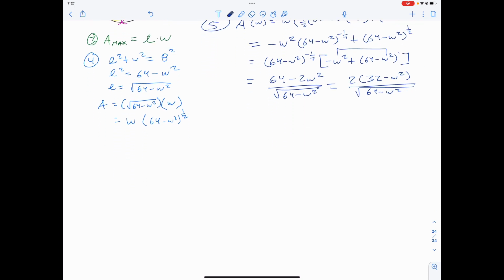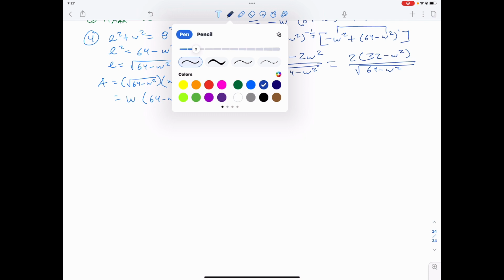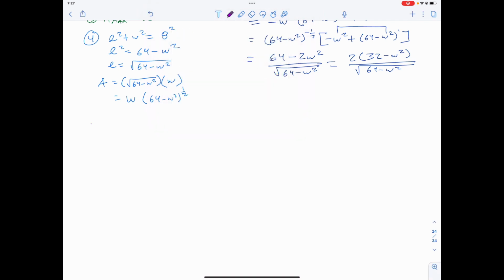Next, I'm going to go on to my critical numbers. And for my critical numbers, I'm going to look at the numerator and the denominator. For the numerator, if I have 32 minus W squared is equal to 0, then W squared is equal to 32, which means that W is equal to the positive or negative square root of 32.